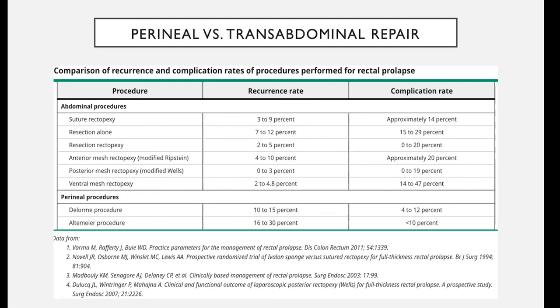So this kind of fits with the patients that you'd be offering. Lower recurrence rates with a little bit higher complications would be appropriate for someone who can undergo that procedure. And then the perineal resections have a higher recurrence rate, but you kind of accept that for a patient who cannot undergo the abdominal procedure.